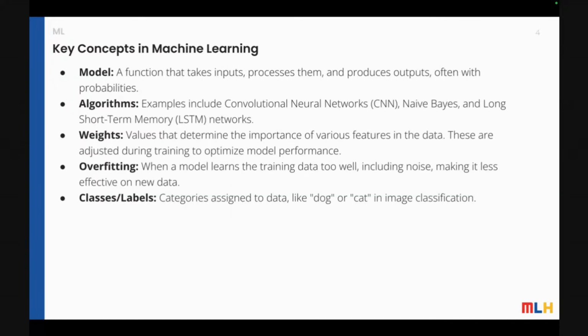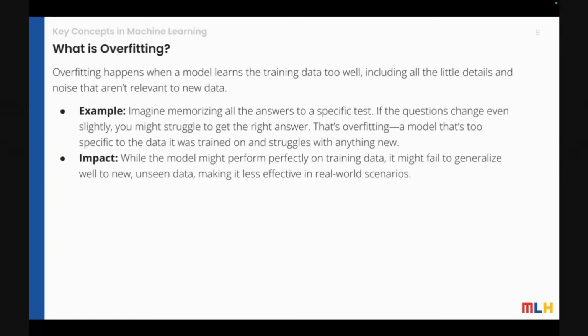Now the next part is overfitting. When a model learns the training data too well, including the noise, it makes it less effective on new data. What does that mean? Let's take an example. You are preparing for a math test, and you say, I'm going to learn this question. I'm not going to see how it works, but I'm going to memorize exactly what the question says.